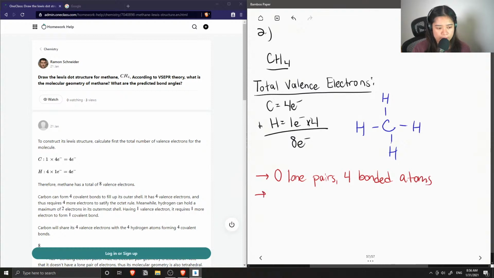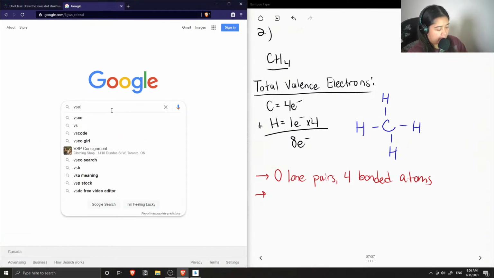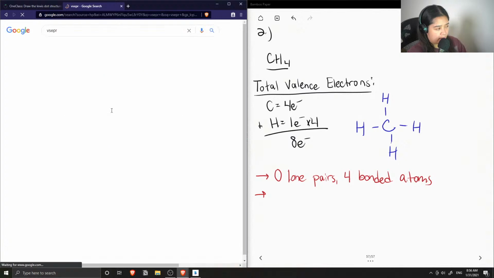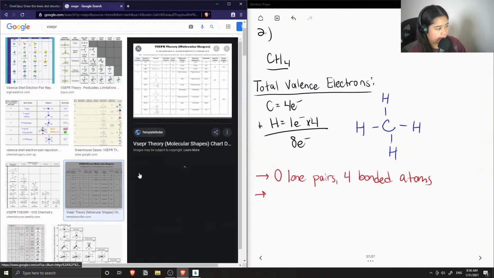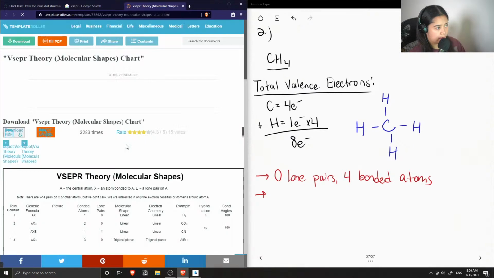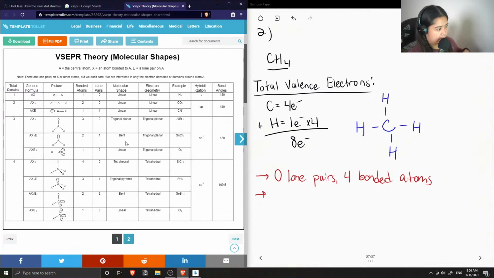So we can use a VSEPR theory chart to see the type of shape and the different bond angles, and also a lot of other different identities of the carbon.